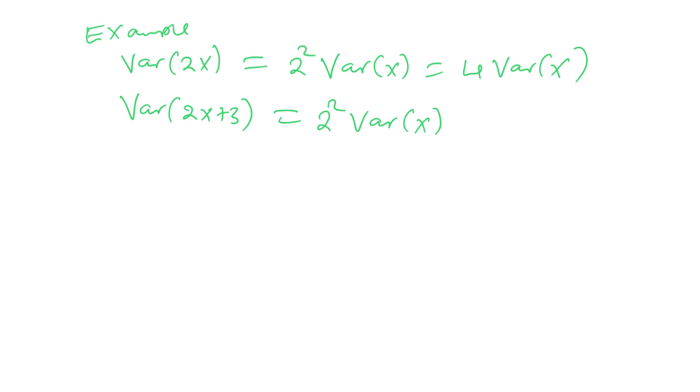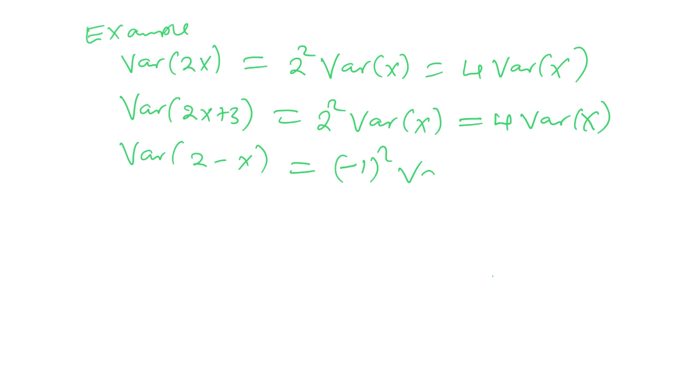The variance of 3 is 0, therefore this is still 4 variance of x. And if you are given the variance of 2 minus x, this is going to be negative 1 squared times the variance of x, and it is simply the variance of x.